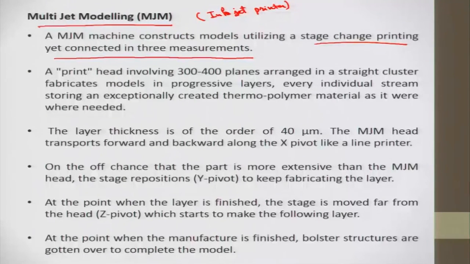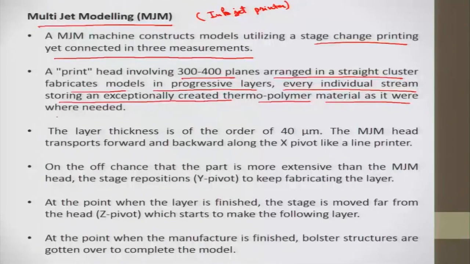The print head involving 300 to 400 jets arranged in a linear array fabricates models in a progressive layer, every individual jet depositing an especially created thermopolymer material only where needed. The layer thickness is of the order of 40 micrometer. This is the typical value.